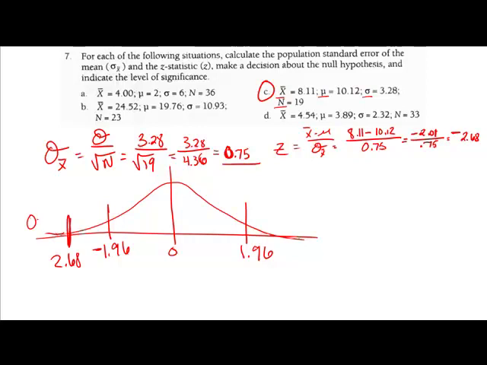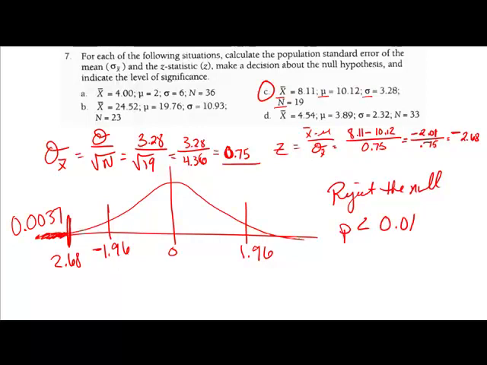Wow, that there is 0.0037. So it's less than 1% here in the tail. We would reject the null hypothesis because the probability is less than 0.01.